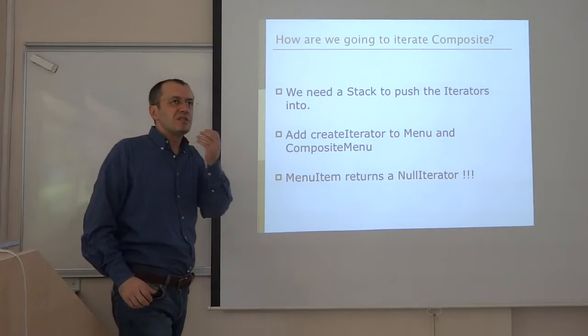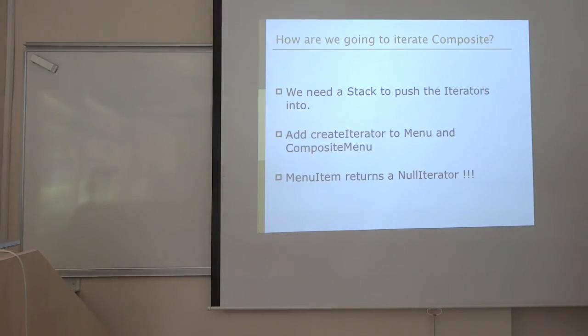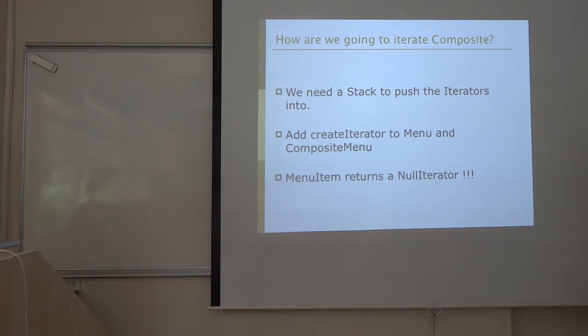But there could be a case where I want to iterate over the complete menu with its sub-menus. For example, I want to have all the vegetarian menus, and I have to check all the menu items, one by one, to see if each is vegetarian or non-vegetarian.